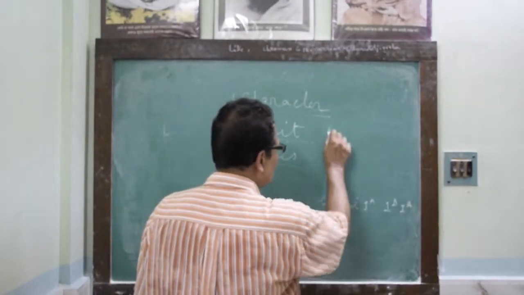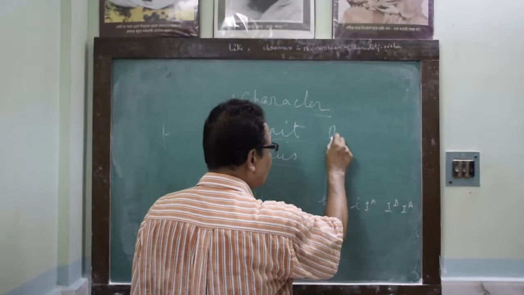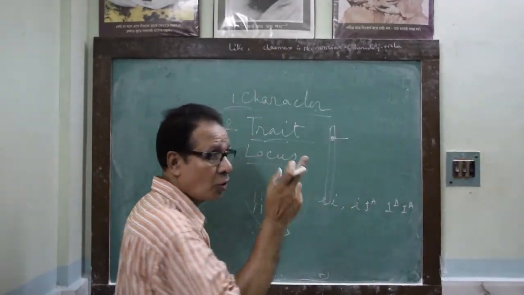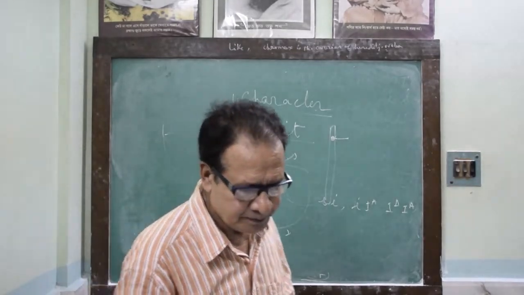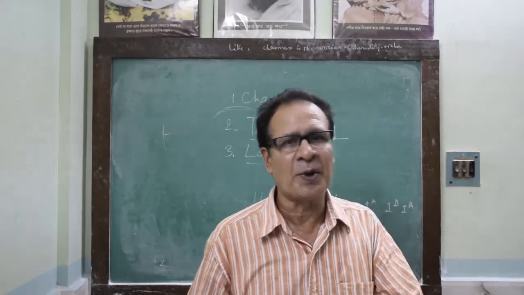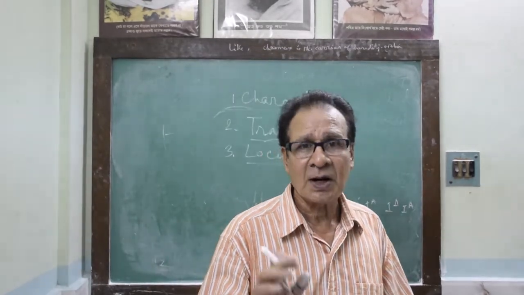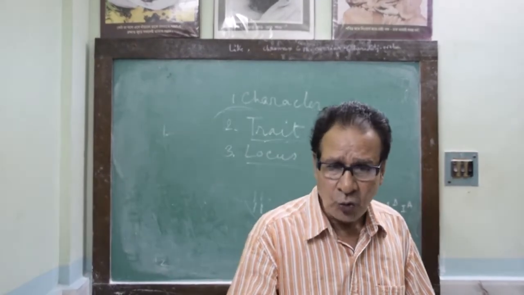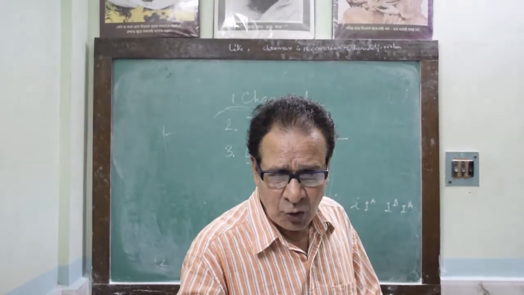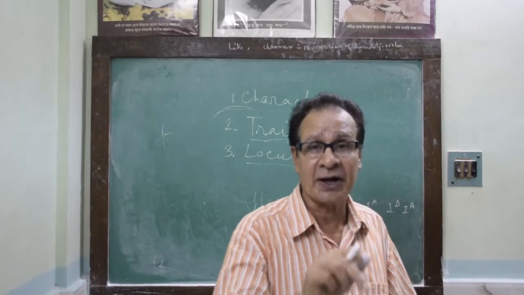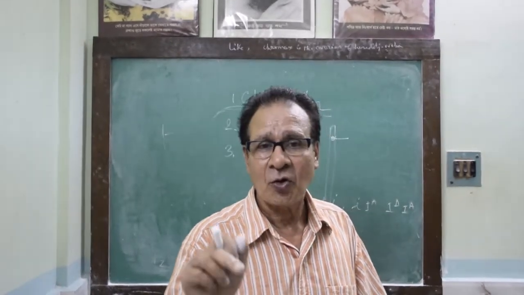That is, on a chromosome, in a particular position a gene is located. This position is called the locus. For example, in your classroom the long bench is the chromosome and you are the genes, and so the position where you sit is regarded as the locus of you.